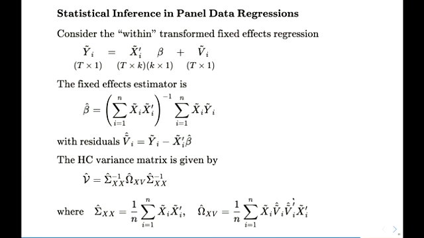Because of that, they will automatically be consistent if there is heteroscedasticity. So if the variance of these v's is in some way related to the x's, using this form of variance matrix will sort that out. This is by far the most common way that these things get calculated, so we're allowing for heteroscedasticity in the usual way.